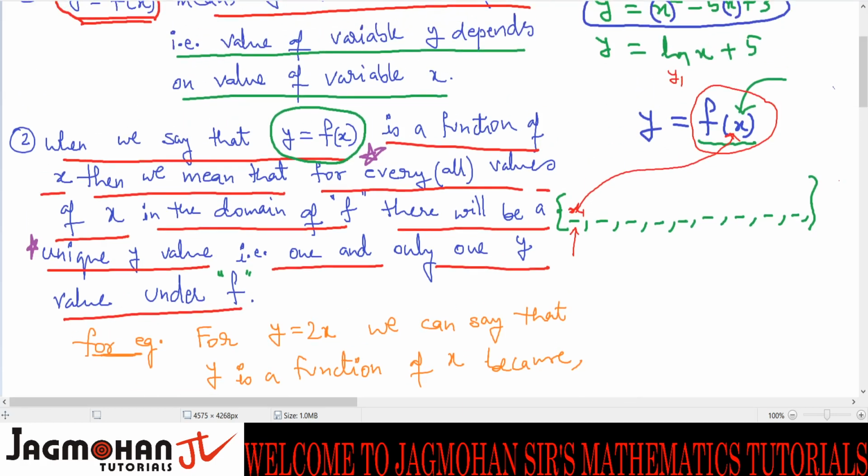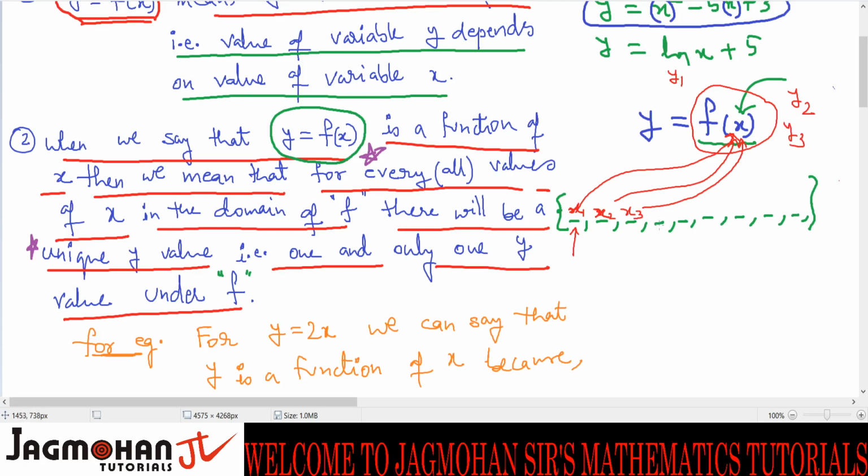Then if I have x2 and substitute x2 in this function, I notice that I'm getting y2, which is once again a unique value for this x. Then if I write x3 and substitute it in the function of x, I'm going to get y3.